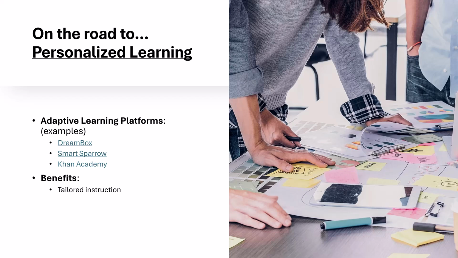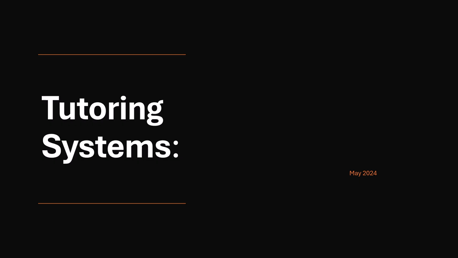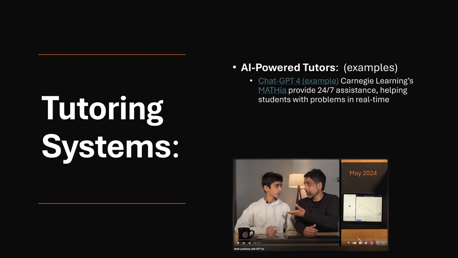Tailored instruction is on its way, where we won't have students who are either ahead of class and bored out of their minds, or behind and concerned to ask questions because they don't want to slow the class down. So we're going to get increased engagement, reduced frustration, and we're going to much better serve our students by meeting their individualized needs. Tutoring systems are part of that as well.